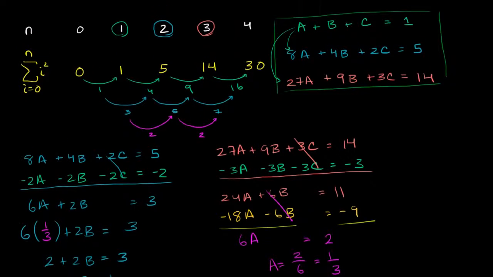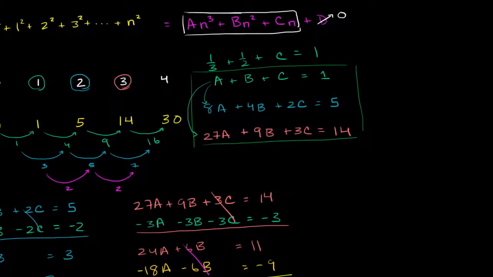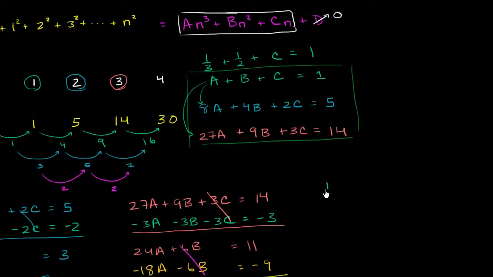So we can go back to this original equation right over here. So we have 1/3 plus 1/2 plus C is equal to 1. Actually, let me do that over here, so I have some space. So I have 1/3 plus 1/2 plus C is equal to 1. Now let me find ourselves a common denominator. So let's see, a common multiple of 3, 2, and I guess you could say 1.